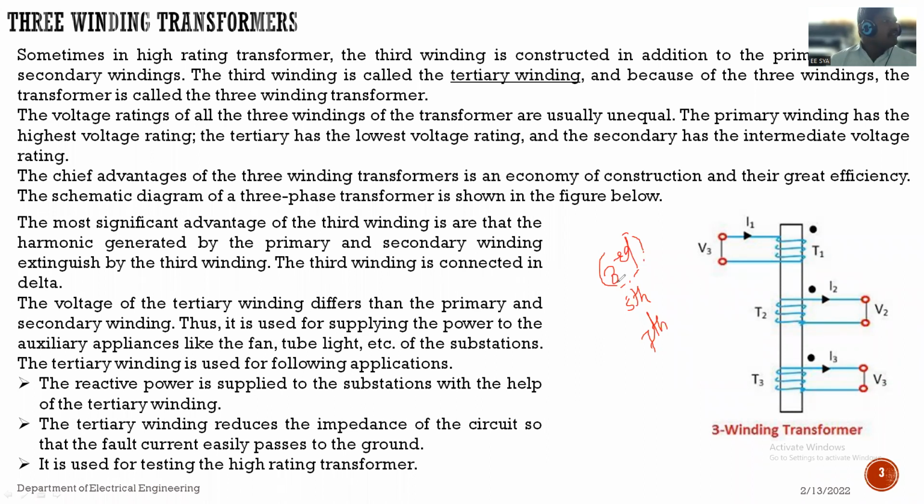What is meant by extinguished? This concept is related to arc extinguishing. Arc is nothing but A-R-C, arc. In Marathi, arc is what we briefly call flame or fire. While opening the circuit breaker, some arc is formed due to high voltage.